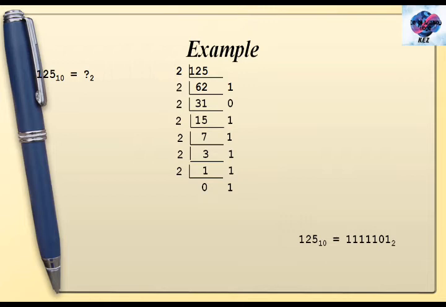So you got from decimal to binary. By 2 we divide until we get 0. So this is our decimal to binary conversion. I think it is clear now.